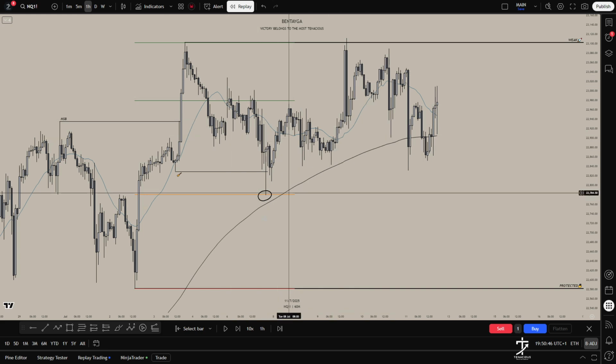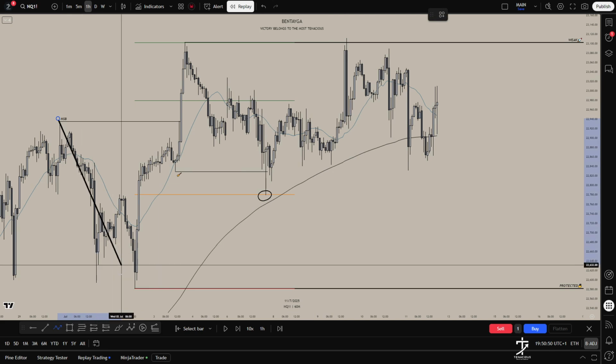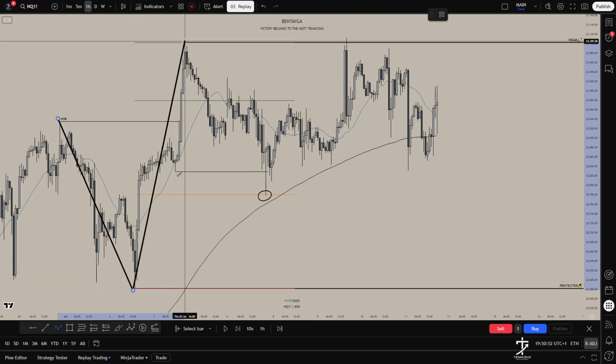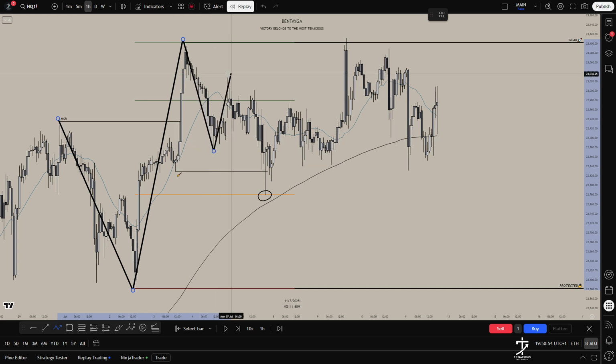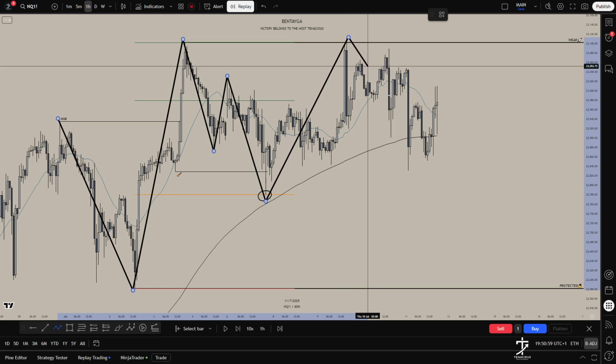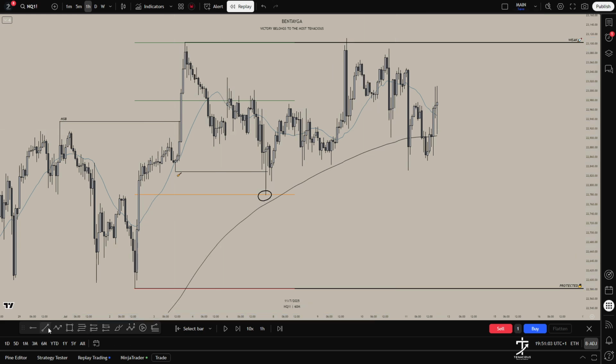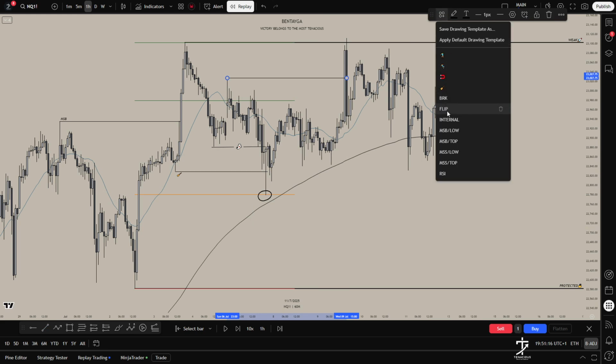And within this structure, we can see that price made a low, a high, a low, high, lower low, higher high, higher low, and potentially a higher high. So internally through structure, if I just mark it out for you guys, if that makes it a little bit easier, we can see that price was bearish at one point internally, and then price was bullish internally.